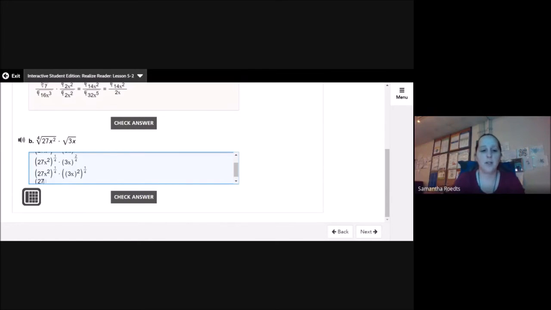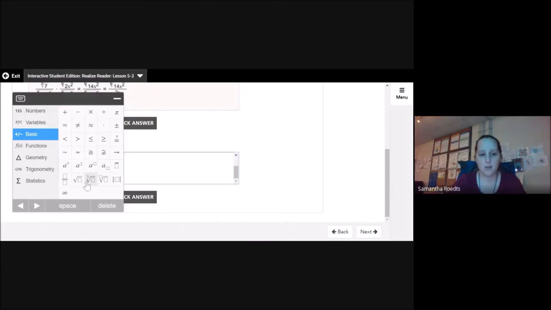So then I have 27x squared times 3x squared to the 1/4 power, which I can rewrite as a radical.